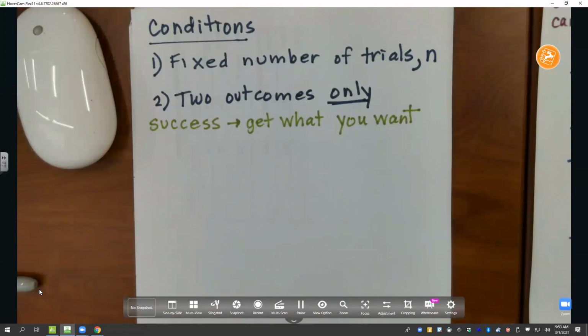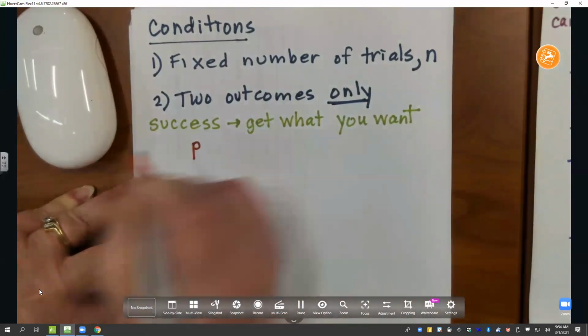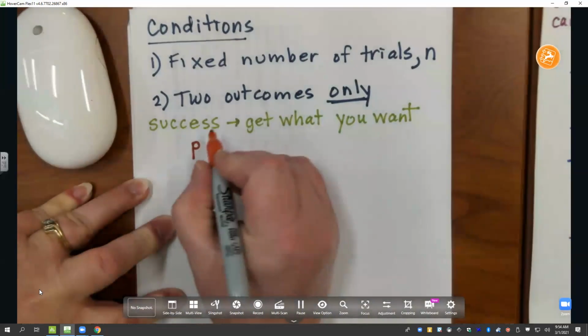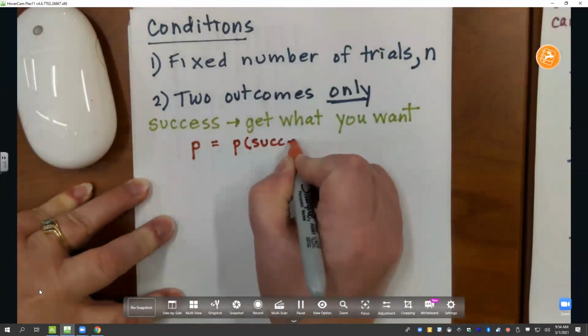But if that's what I've defined as what I want to look at, a loss becomes my success. So just because it's called a success doesn't mean that it has to be a positive event. The notation for success is a lowercase p, which represents the probability of success.